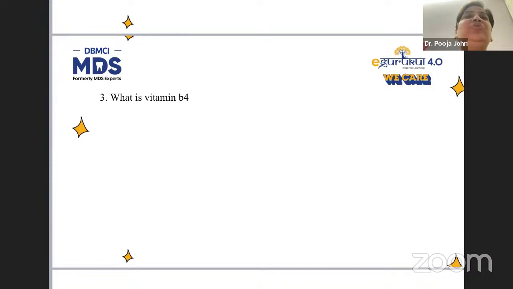So what you have to do is make a chart of that. And second, you can make a chart of inborn errors of metabolism also, right?